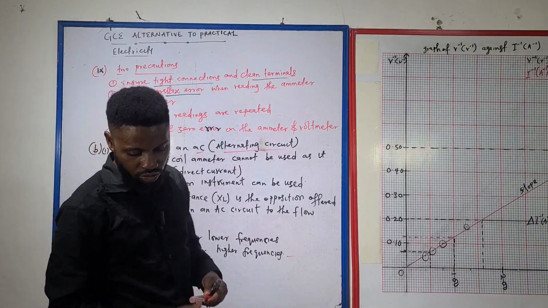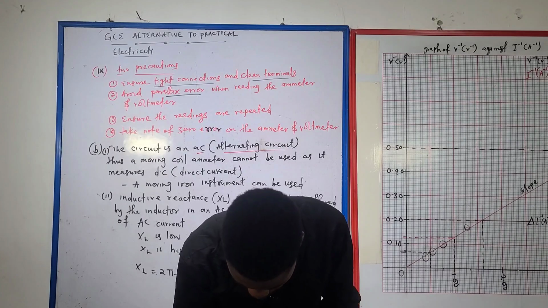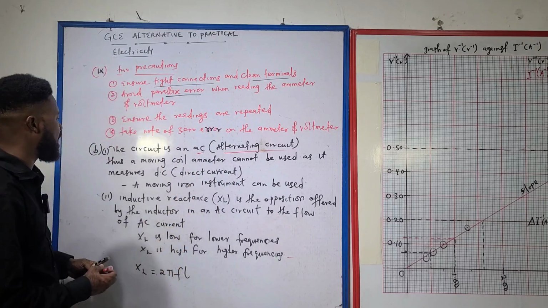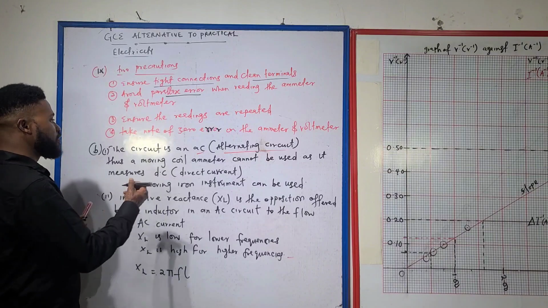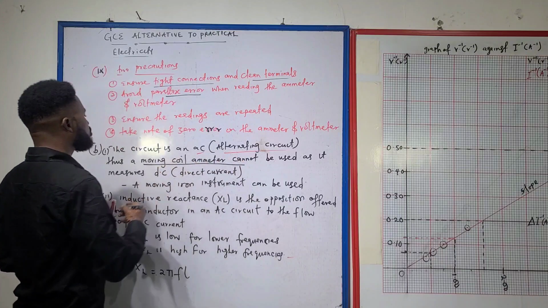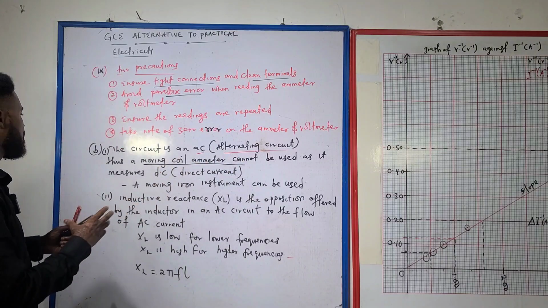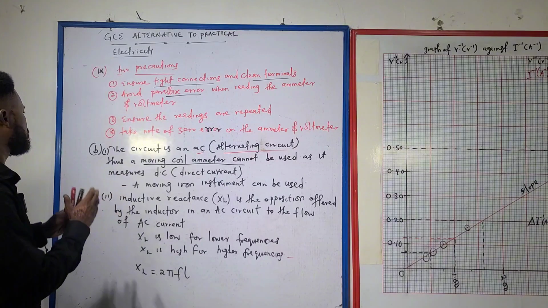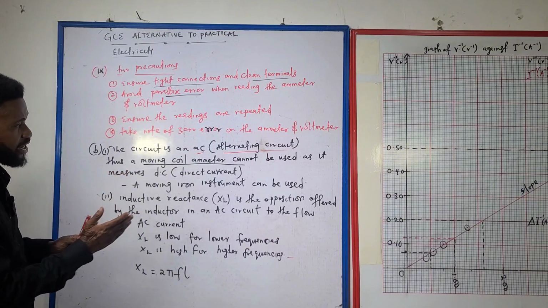As you can see on your screen from the start of the question, you have a solenoid and then you have a variable low voltage AC supply, alternating current supply. So you cannot use a moving coil ammeter to measure your alternating current. So the circuit is an alternating circuit.